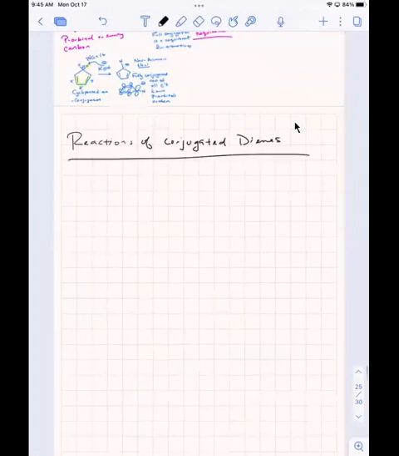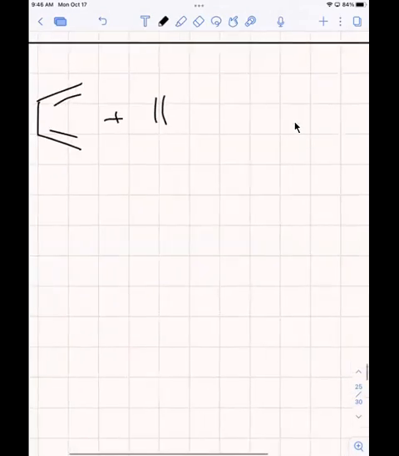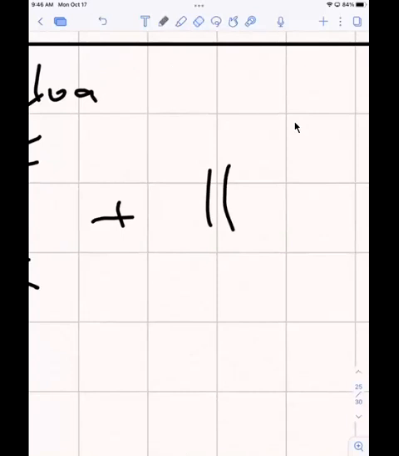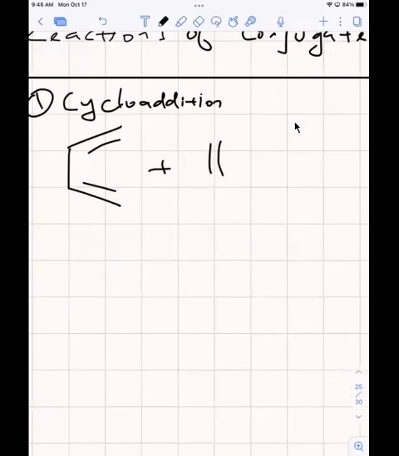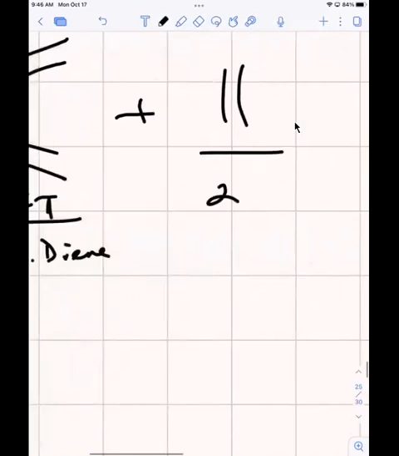All right, so when we talk about conjugated dienes, we're really going to study two reactions. One of them is the cycloaddition. I'll do that one first. So cycloaddition, you take a 4-pi conjugated diene and you react it with a 2-pi.